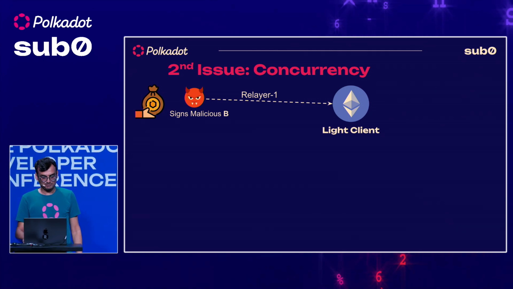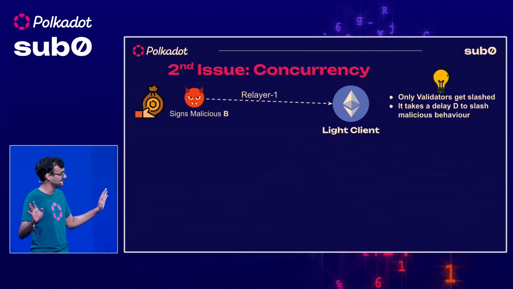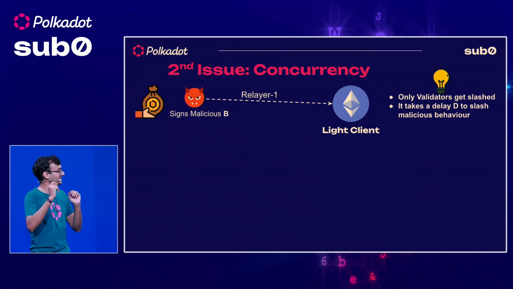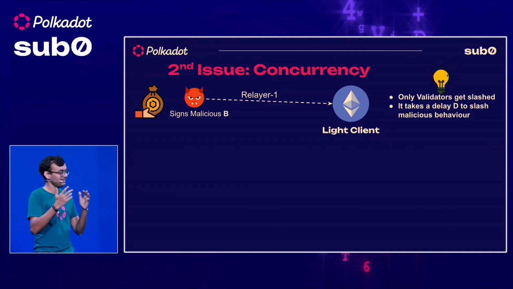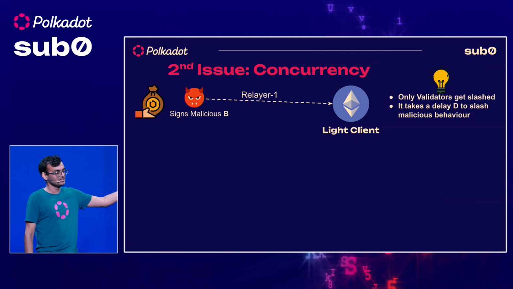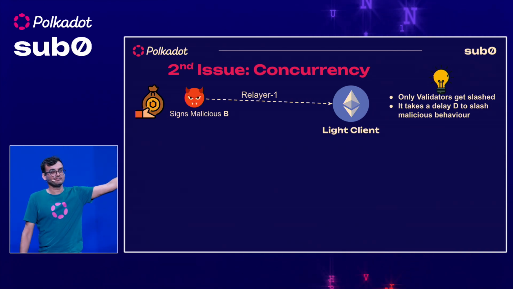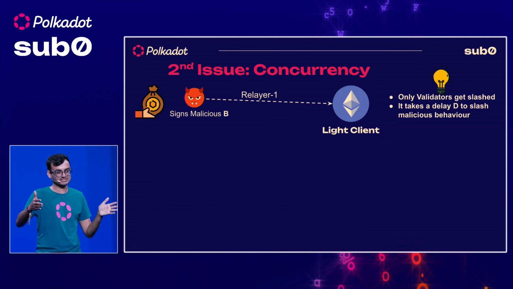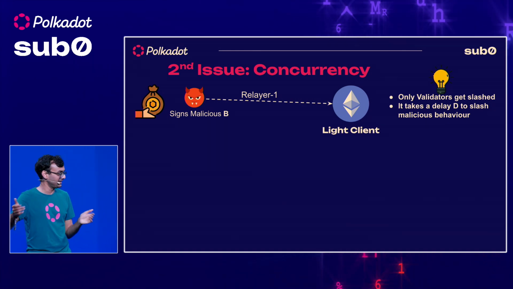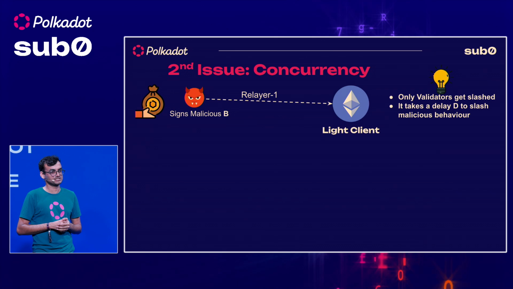But the point that we notice here is that only validators get slashed, and usually it takes some delay, like a delay of 2 epochs or something, to slash the malicious behavior. So from the time he signed a malicious block until the time he finally gets slashed, there is a certain delay, and this can be exploited by malicious validators.